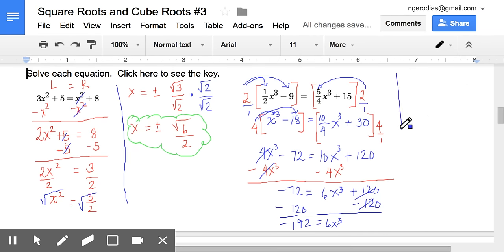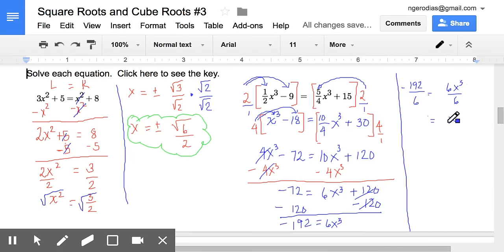So let's continue over here. So I'm going to have negative 192. Okay, we're going to divide both sides by 6. So negative 192 over 6 is equal to 6x cubed over 6.